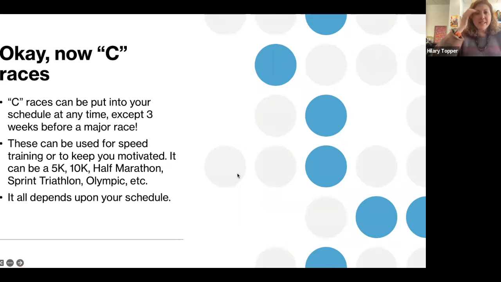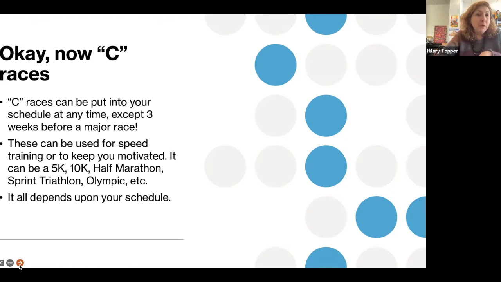Okay, now we got the C races. Did I talk about the B races? Yes, so that was the B races. Now this is the C races. I wouldn't put them in 3 weeks before a major race. I would just keep them sporadically throughout the season. They could be for speed training, as we talked about.